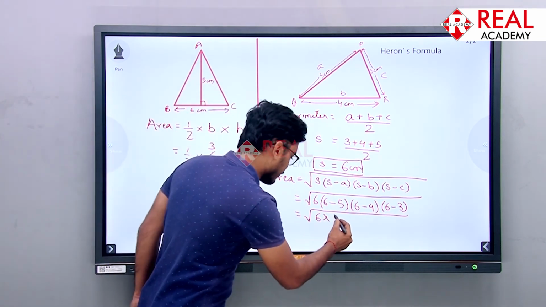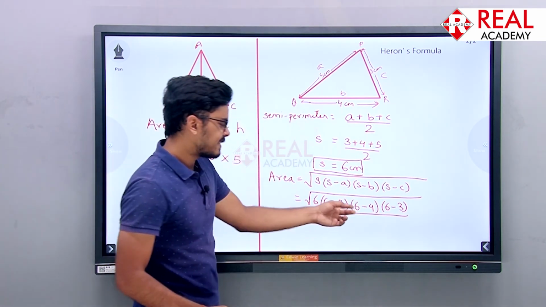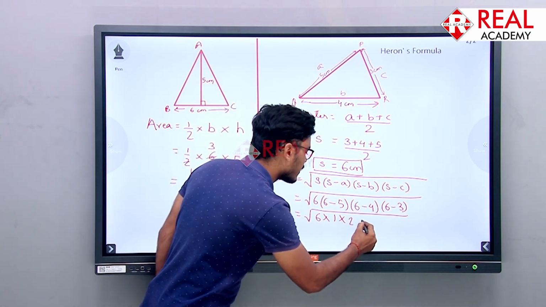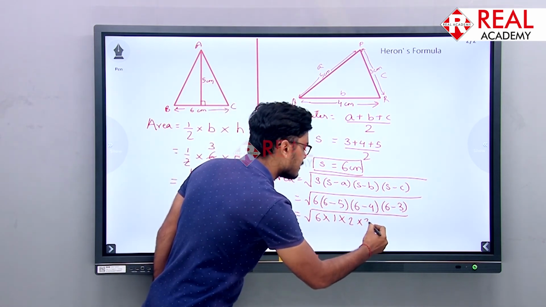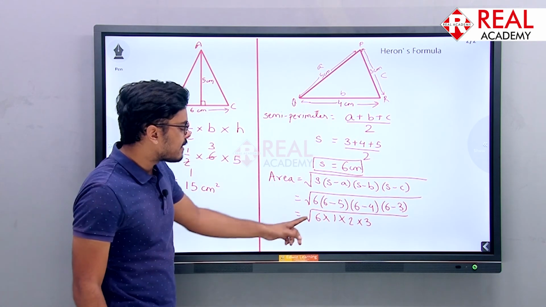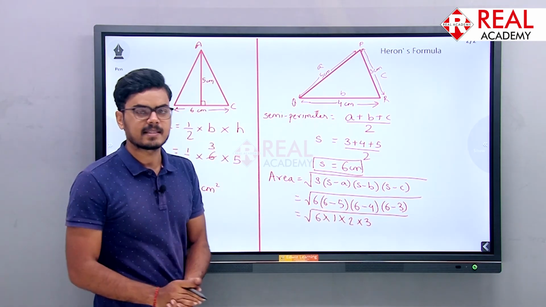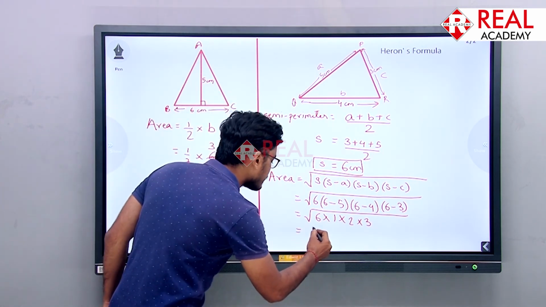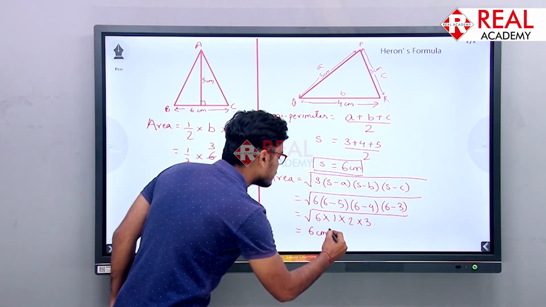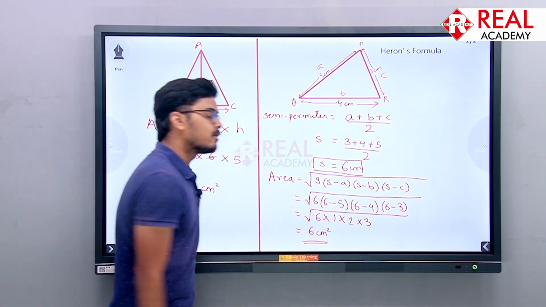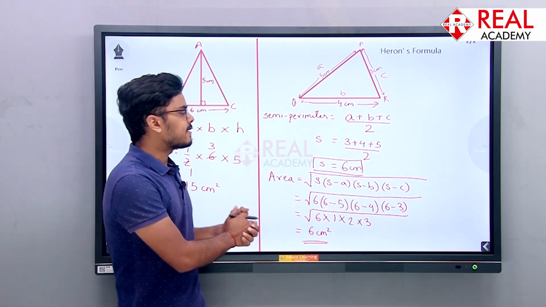Okay, so here you will get 1. 6 minus 4 is 2 and 6 minus 3 is 3. So what you are getting here is 6 2s are 12, 12 3s are 36, and the square root of 36 is nothing but 6 centimeter square. Okay, so the area of this triangle is 6 centimeter square.